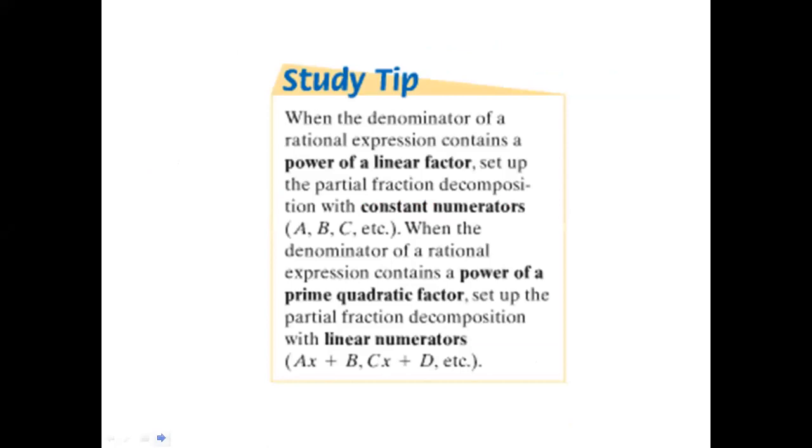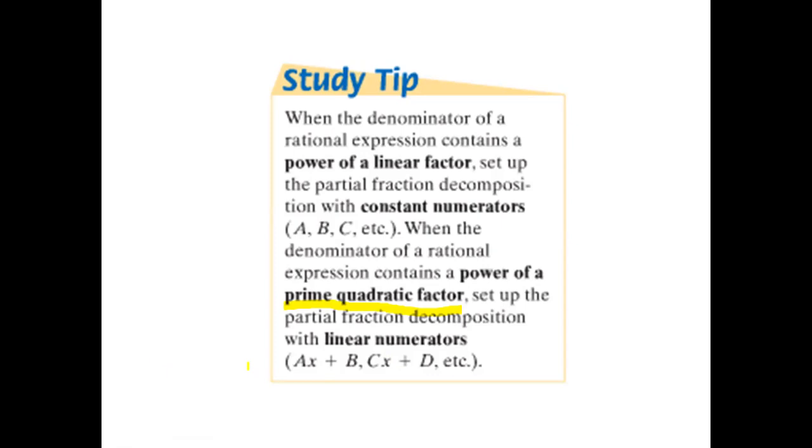When the denominator of a rational expression or a fraction contains a power of a linear factor, set up the partial fraction decomposition with constant numerators. When the denominator of a rational expression contains a power of a prime quadratic factor, set up the partial fraction decomposition in this form. Now, this one talks about a prime quadratic factor, meaning it's an unrepeated quadratic factor. If you have a quadratic factor, the exponent of your variable x is 2.